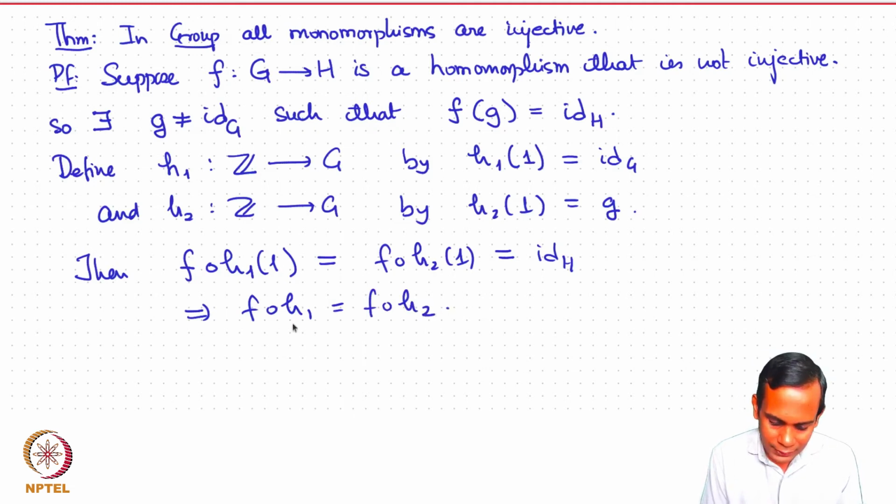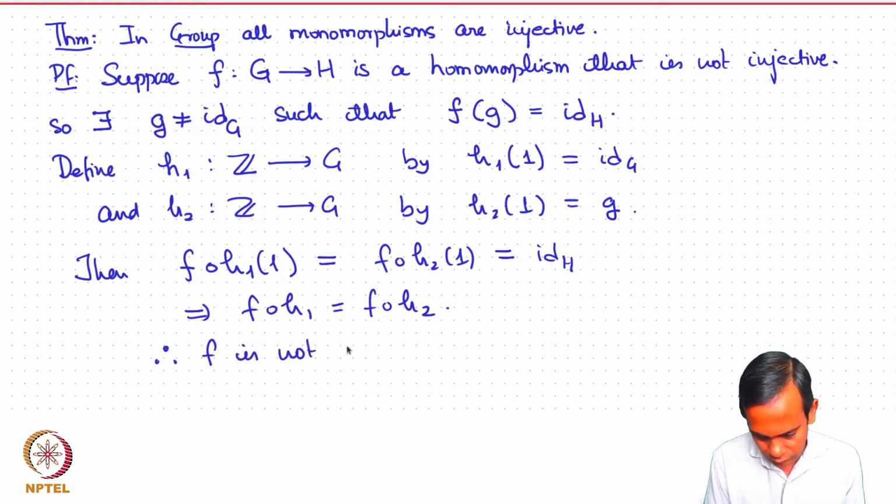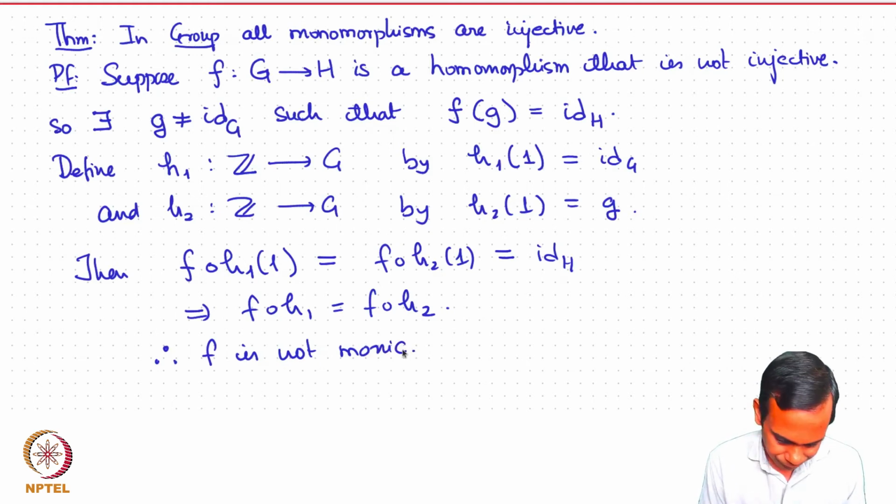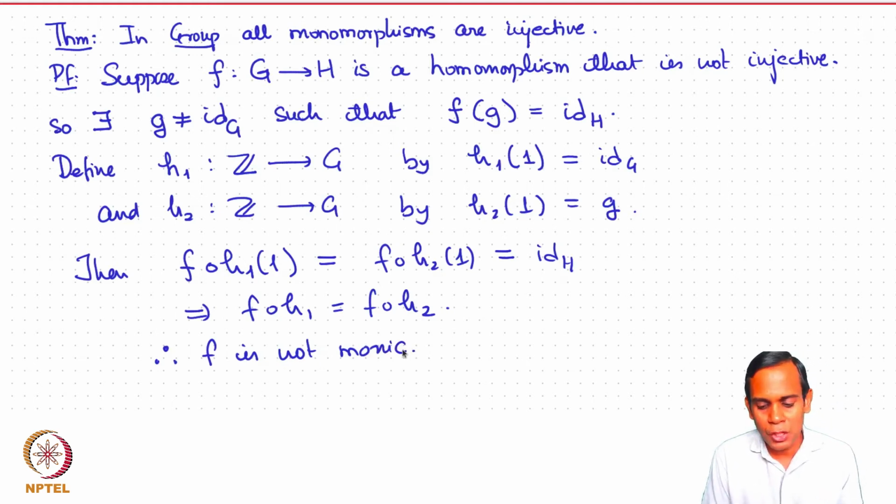So what we have is that f circle h1 is equal to f circle h2, but h1 is not equal to h2. Therefore, f is not monic. So not injective implies not monic, which is the same as saying monic implies injective. Therefore, in the category of groups, all monomorphisms are injective.